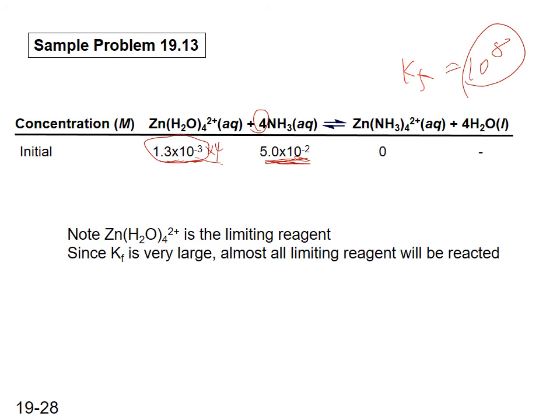So for the change, you don't have to write x. Instead, you just approximate: almost all is consumed. The ammonia change is 4 times the initial zinc hydrate, and the product is 1.3 times 10 to the -3.